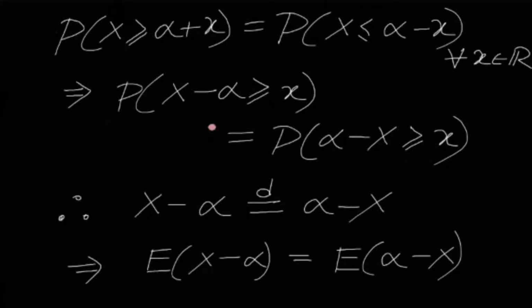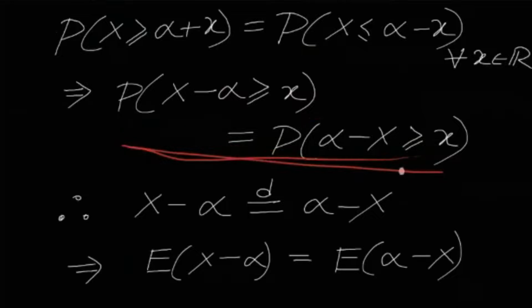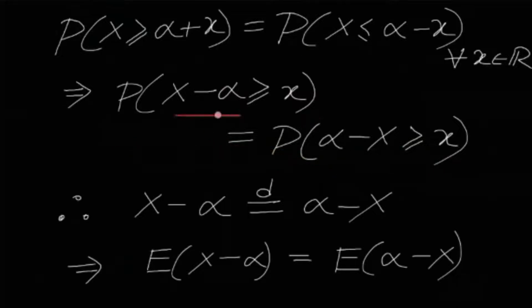Now what does this mean? Think about it. X minus alpha is a random variable, right? And alpha minus x is also a random variable. Now, for all real numbers x, this entire thing is true. What this means is that x minus alpha and alpha minus x are both identically distributed. This notation means that x minus alpha and alpha minus x are identically distributed.